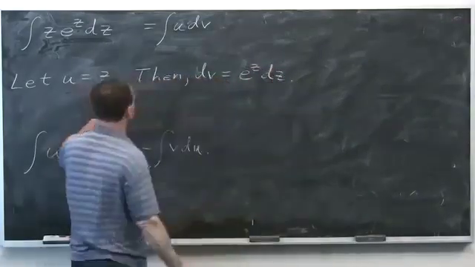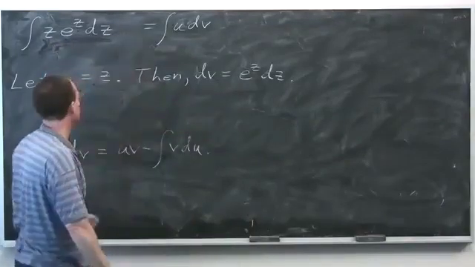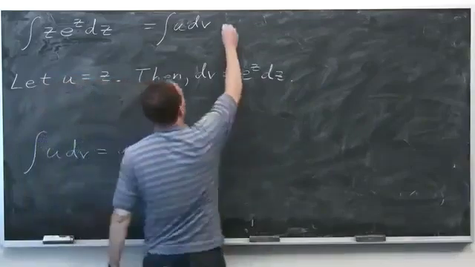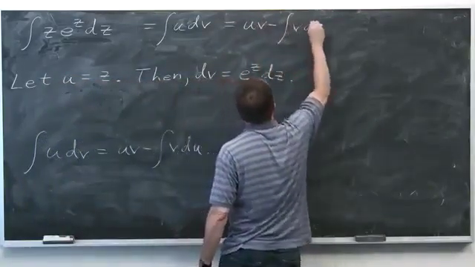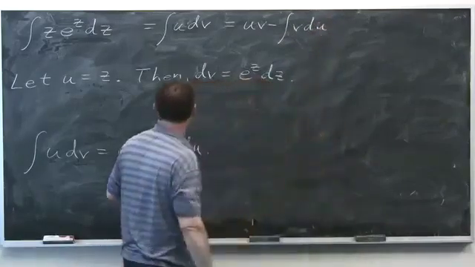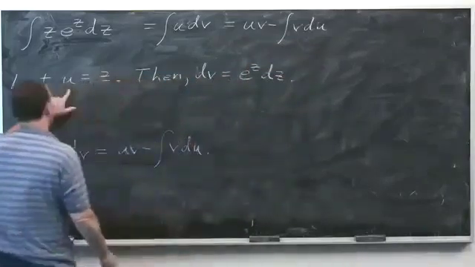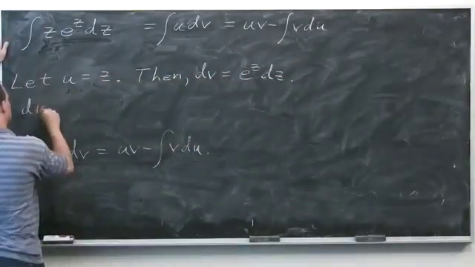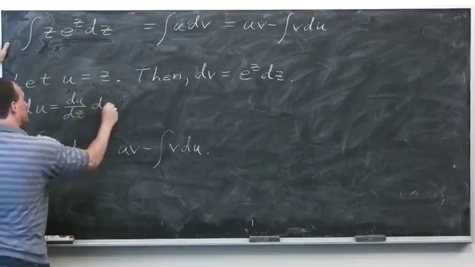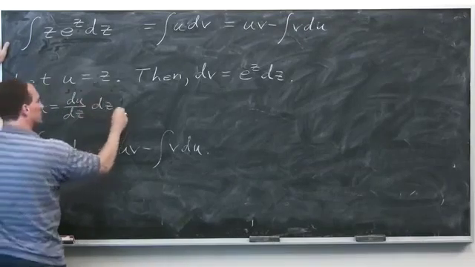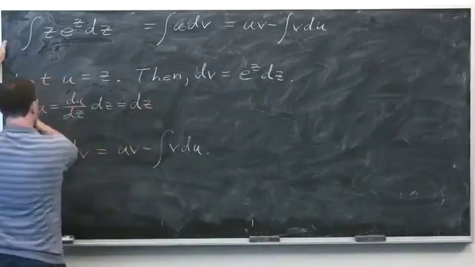So if u is z and dv is e to the z dz, then this integral is the integral of u dv. And integration by parts tells us that this is u times v minus the integral of v du. But to use it, we need what v is and we need what du is. If u is z, du is du/dz times dz. The derivative of u with respect to z is just 1, so we get 1 times dz. So du is just dz.